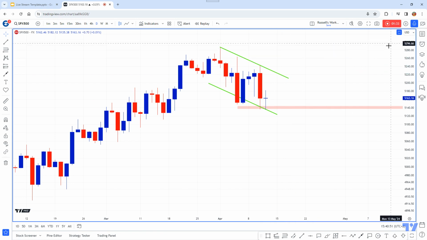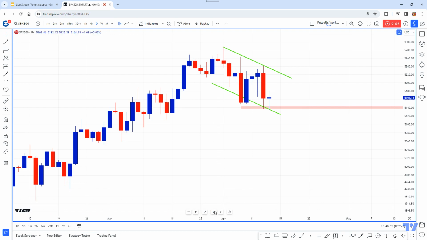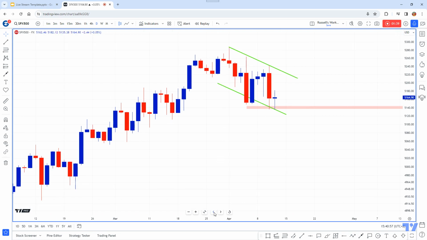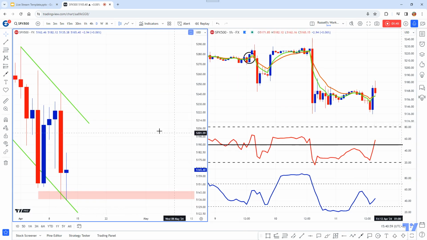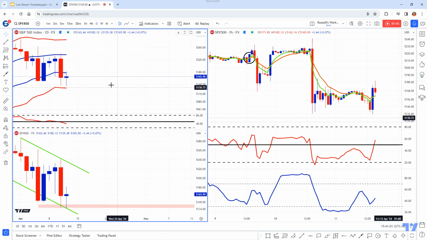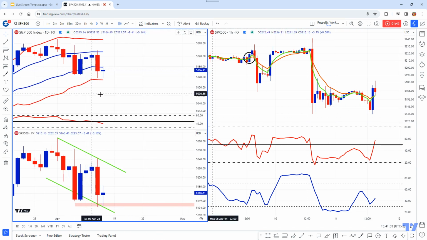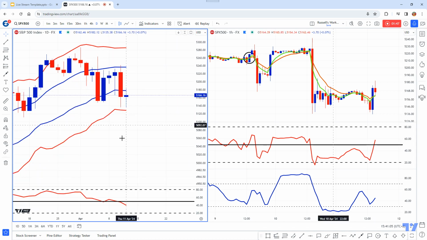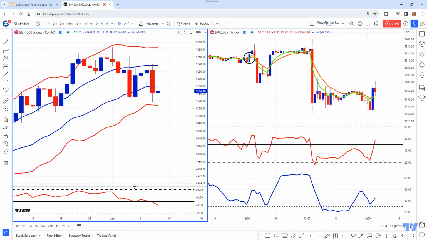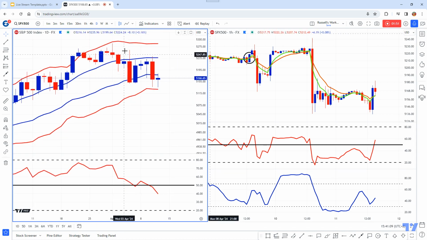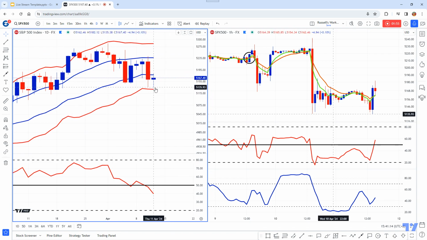Let's just take a closer look at the S&P 500, and what we'll do is just take a look at it in terms of our zone. So we've got the daily chart on the left, but we've got Bollinger Bands that are overlaying. And you can see we're in zone 3. Zone 3 is our bearish area.